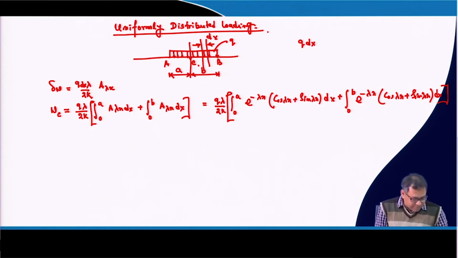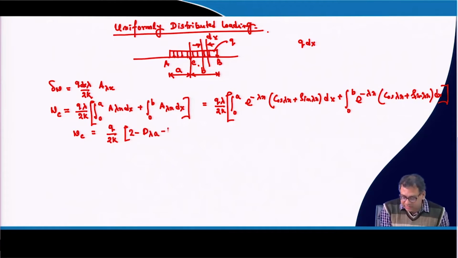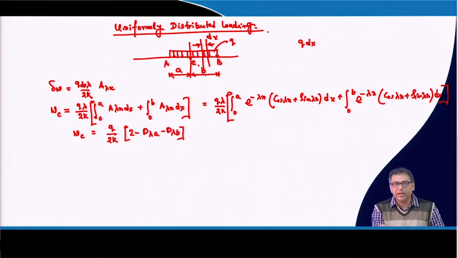So, after doing this, finally, I will get the equation for the deflection at point C. That deflection at point C will be Q by 2k, 2 minus D lambda A minus D lambda B, where A and B are the distances from point C to the edge of the loading.